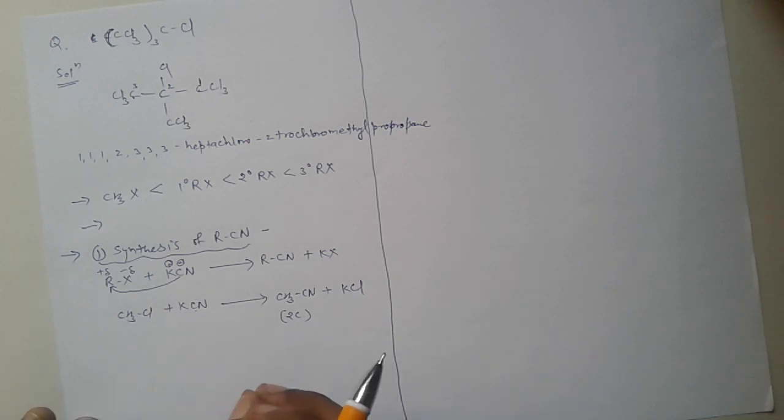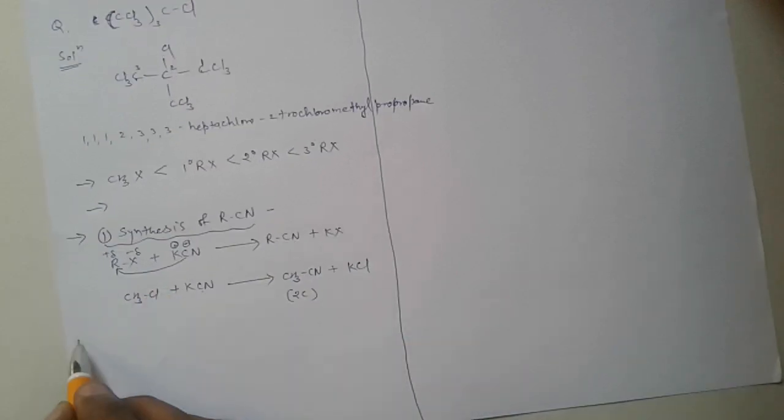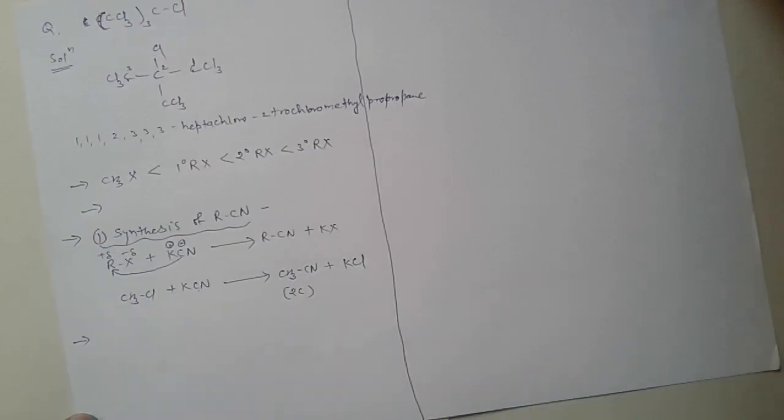Here methyl chloride, which is a one carbon compound, is converted into a two carbon compound, methyl cyanide. Next, very important, alkyl cyanide is a very useful compound for preparation of different organic compounds.